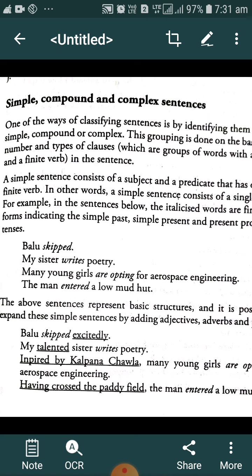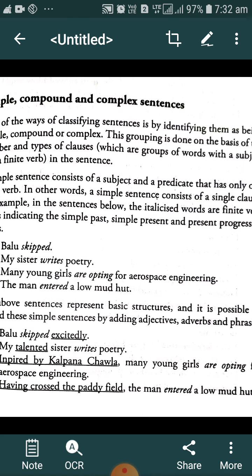One finite verb means that the verb is affected by the number of the subject, whether it is plural or singular, and the tense of the sentence, whether we have to denote it in simple past, simple present, or past perfect. In other words, a simple sentence consists of a single clause.